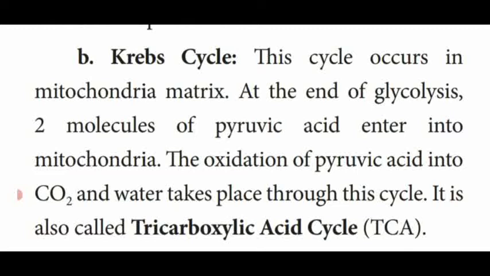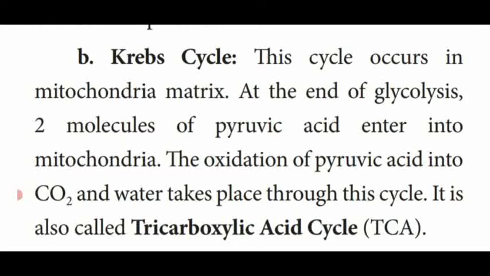This pyruvic acid enters into the mitochondria for further reaction. That is, oxidation takes place in the pyruvic acid and produces carbon dioxide and water. So the Krebs cycle is a process for converting 2 molecules of pyruvic acid into carbon dioxide and water. This cycle is otherwise named the tricarboxylic acid cycle.